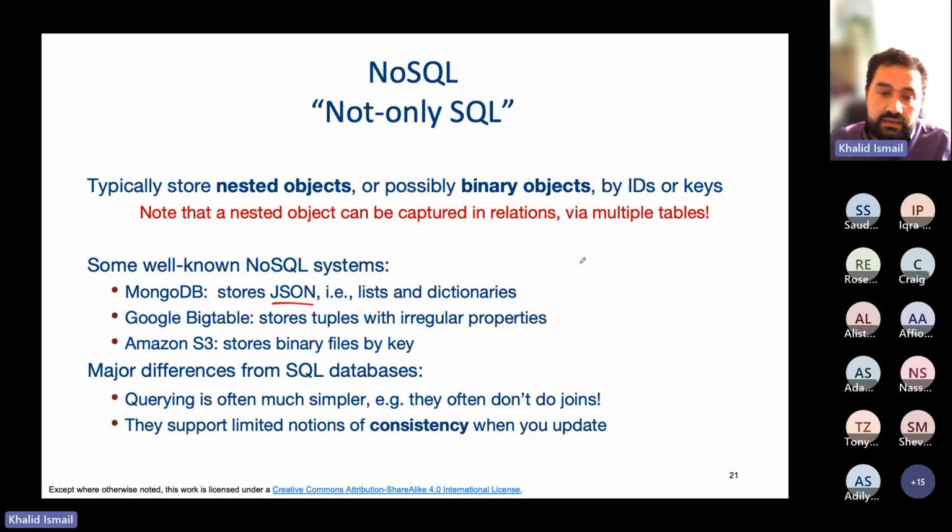If you have heard about JSON format, it is a kind of structured, or unstructured, format such as this one, used in NoSQL systems such as MongoDB or Google Bigtable to store nested objects or possibly some binary objects in this case.